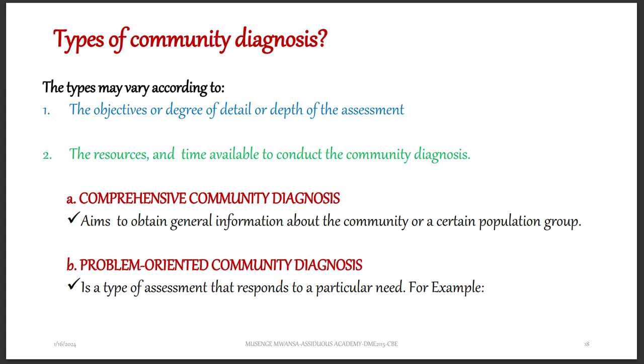This is a type of assessment that is going to respond to a particular need. For example, you have, let's say, cholera, so you just want to find out much about that particular need in the community. That is problem oriented community diagnosis, different from comprehensive community diagnosis, where you're just finding out general information about the community, how healthy the community is generally.